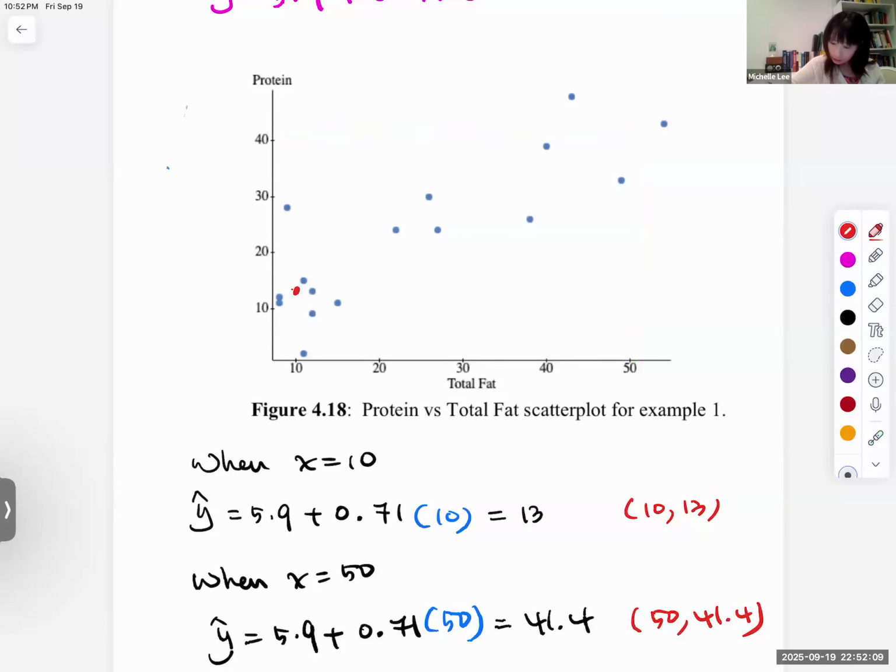Okay. So I want to draw the line. Yeah, a little bit off. Okay. So this is the regression line. That's how we do that.